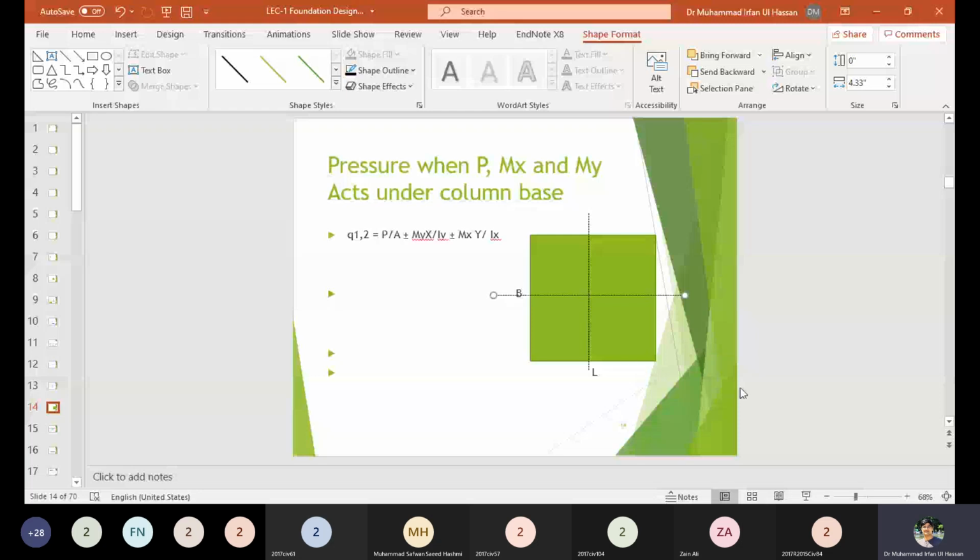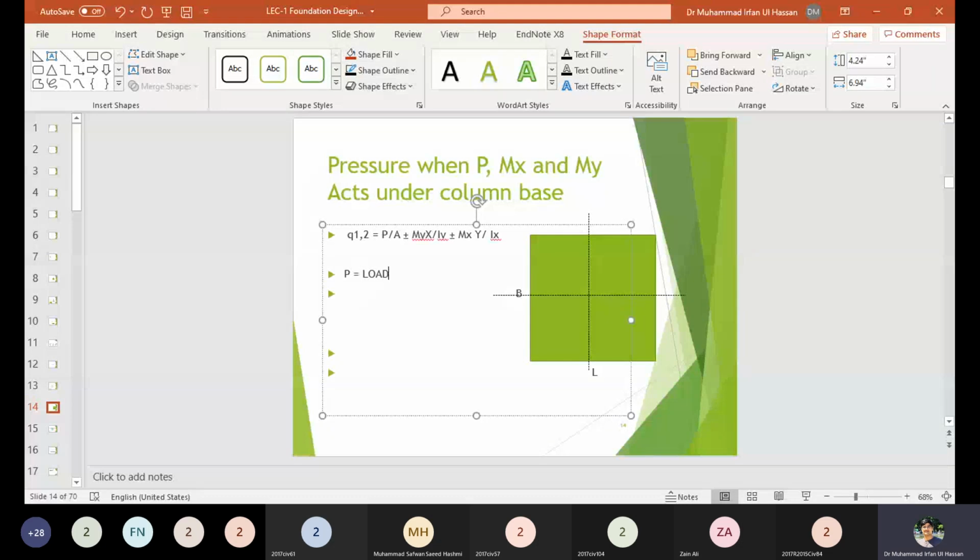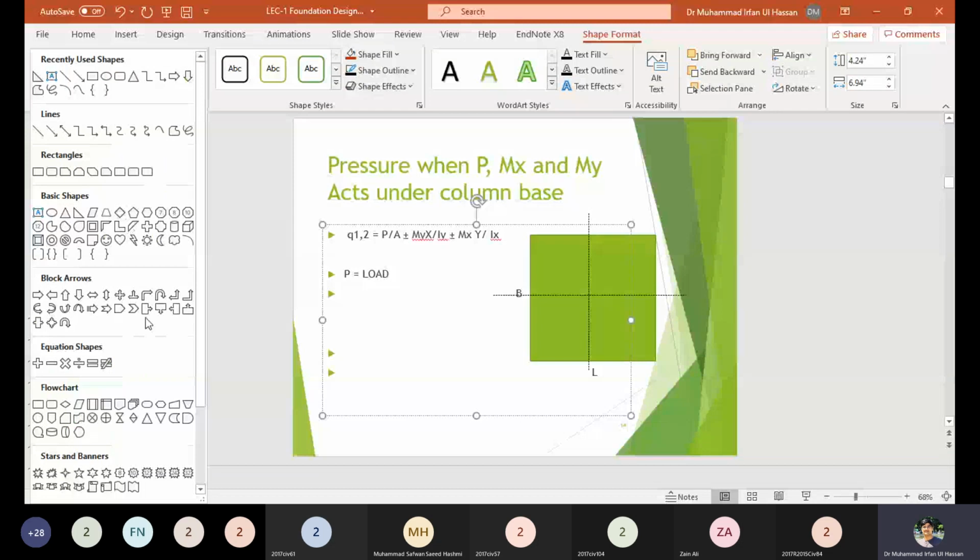Let's say P is the total load in this equation. There are moments also acting, Mx and My.